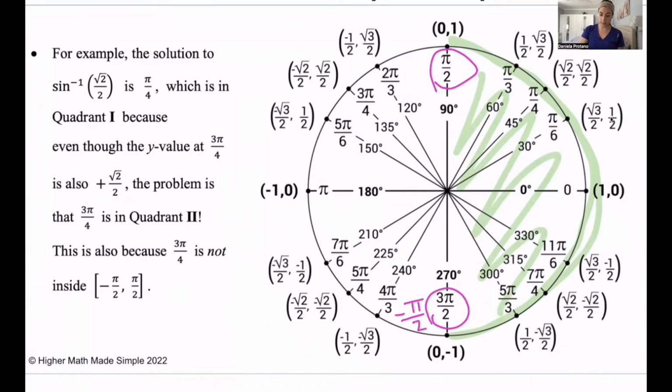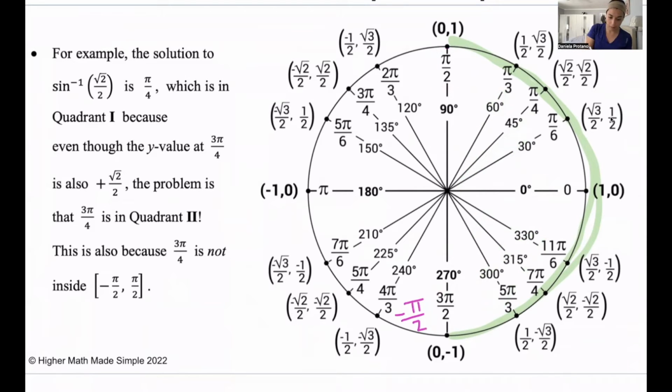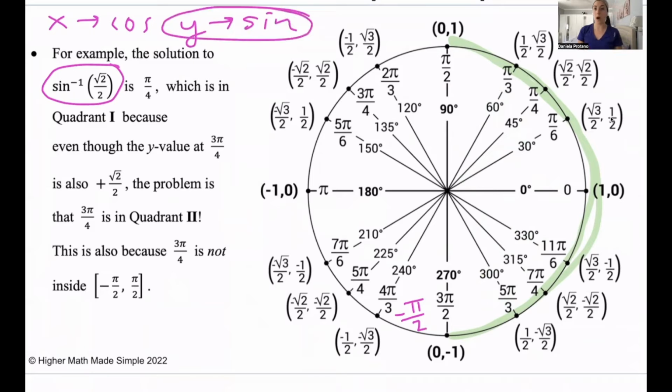For example, if you are asked to find inverse sine of square root of 2 over 2, remember that the x coordinate would be the cosine and the y coordinate would be sine. So we're going to be looking at the y coordinates of the unit circle. Later when we do the tangent, obviously we're going to be doing y divided by x. But in this example, we're looking at the y values. Where do you see a y value of positive square root of 2 over 2?